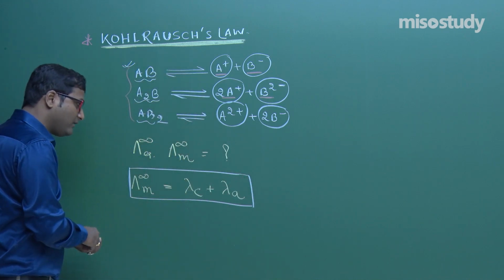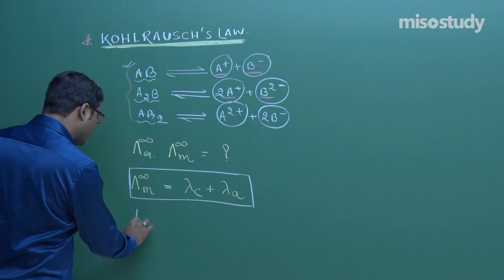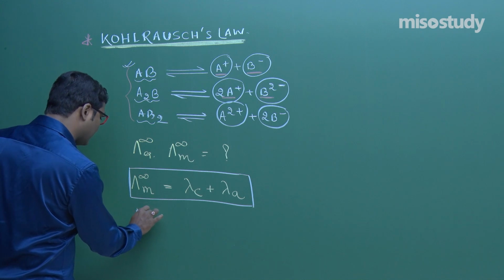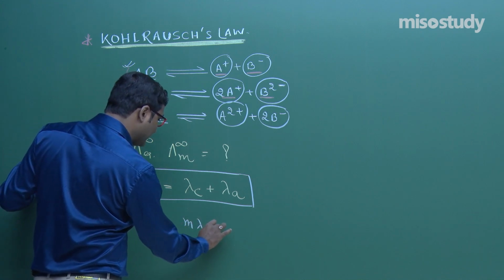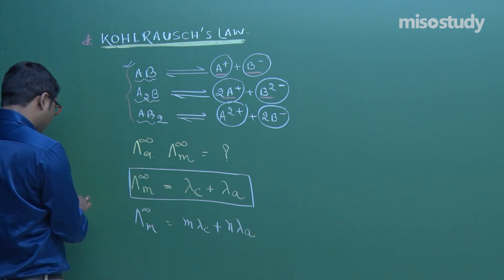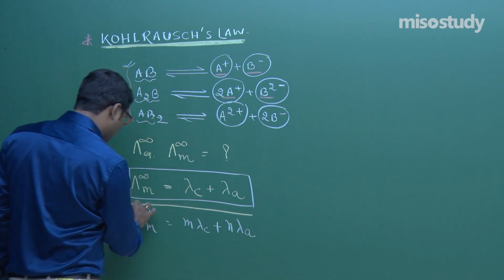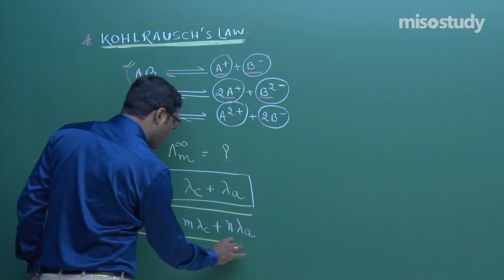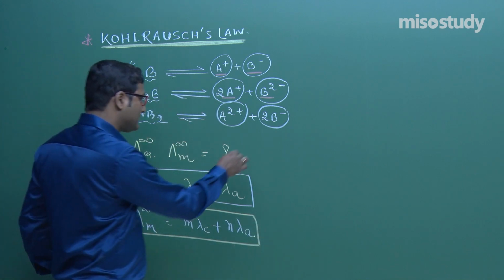Now, the modified form we can write here, that is, the molar conductance is equal to m lambda cation plus n lambda anion. What is lambda, my friend? Here, that is the ionic conductance of cation and anion. Am I right?